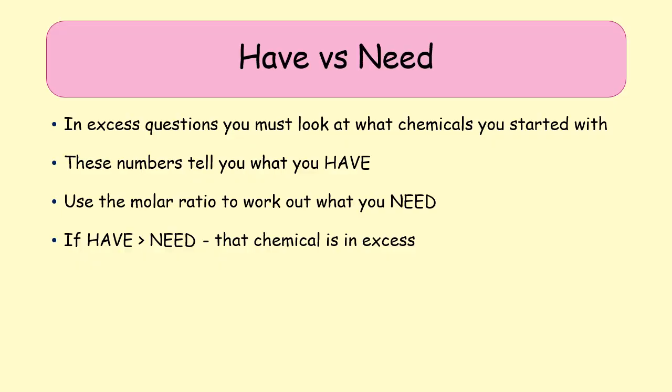And if you have more chemical than you need, you're in excess. If you need more chemical than you have, then you're limiting. That's how we work out whether a chemical is in excess or whether it's limiting. So it's always, we need to deal with moles or volumes for gases, and then look at the molar ratio to see, do we have more than we need or need more than we have?